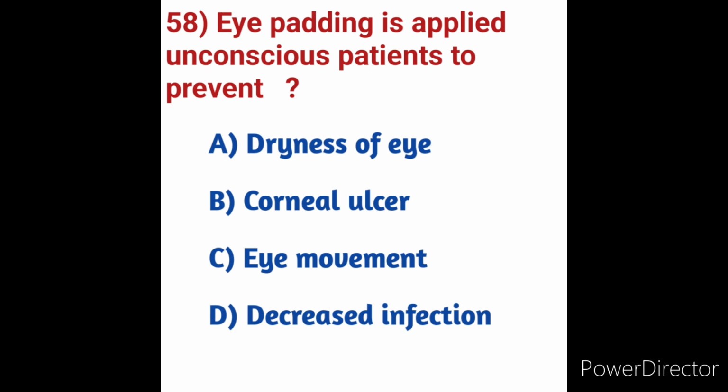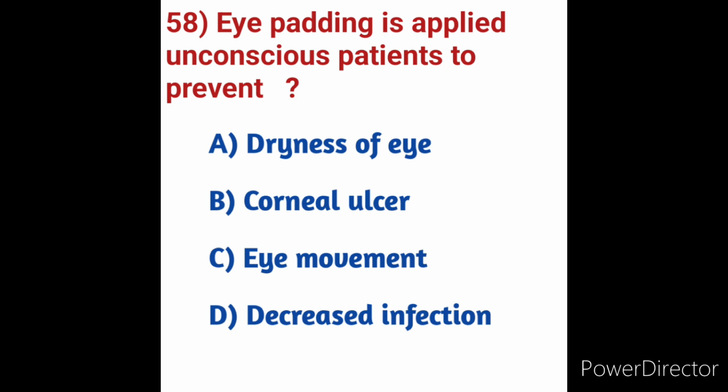To protect the eyes, use an eye shield. If the eyes remain open for a long period, corneal ulceration will develop. So make sure the client's eyes are not rubbed and are not kept open always. Eye padding is applied to unconscious or severely sick patients, such as ventilator patients. We can provide eye padding to prevent a corneal ulcer.